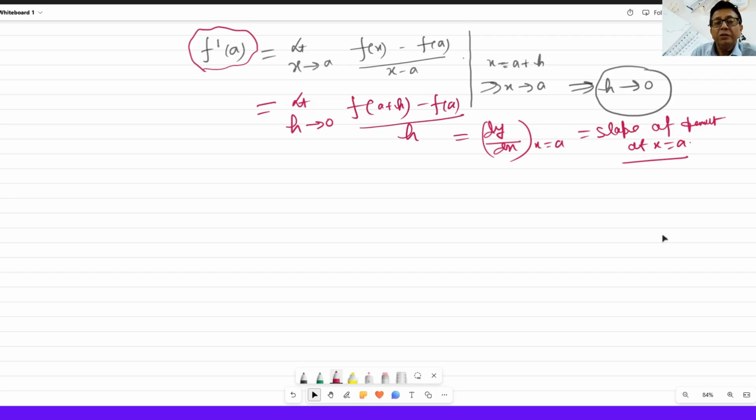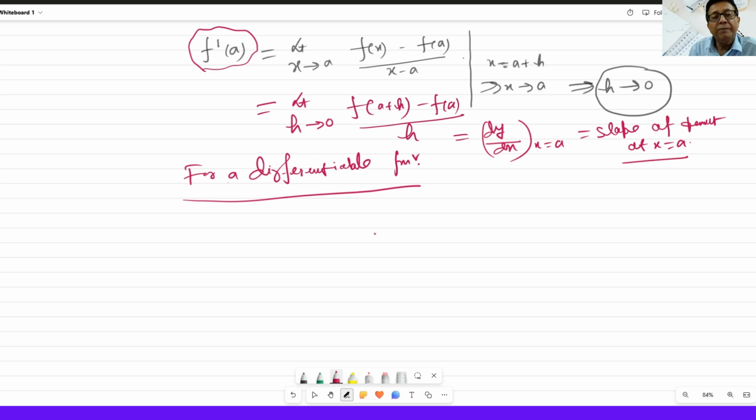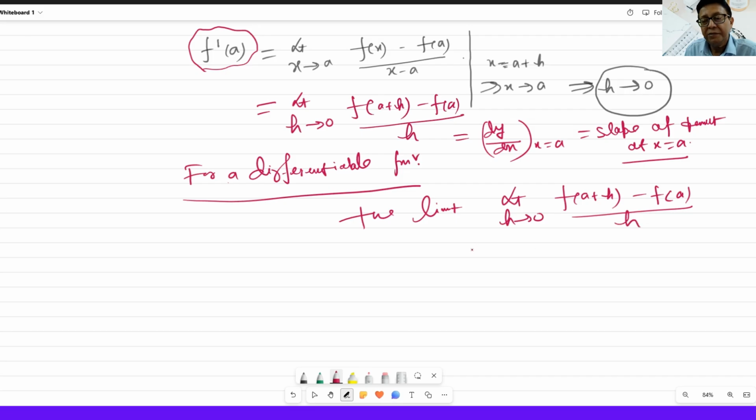Now, for a differentiable function, the above limit, the limit h tending to 0, f of a plus h minus f(a) by h, must exist.